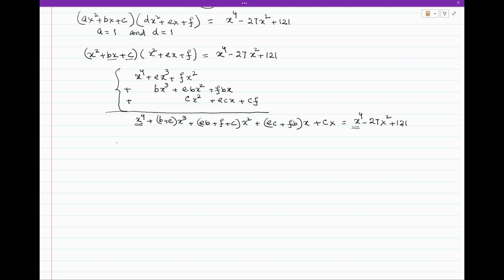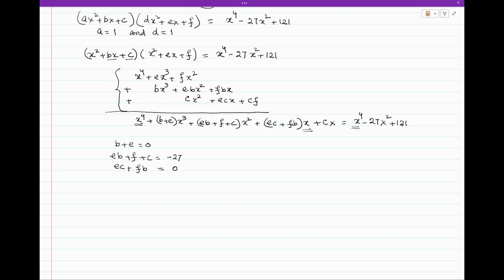So we get b plus e is equal to 0. Similarly, by equating the coefficients of the x square term, we get eb plus f plus c is equal to minus 27, and by equating the coefficient of the x term, we get ec plus fb is equal to 0, because on the right hand side there is no x term.